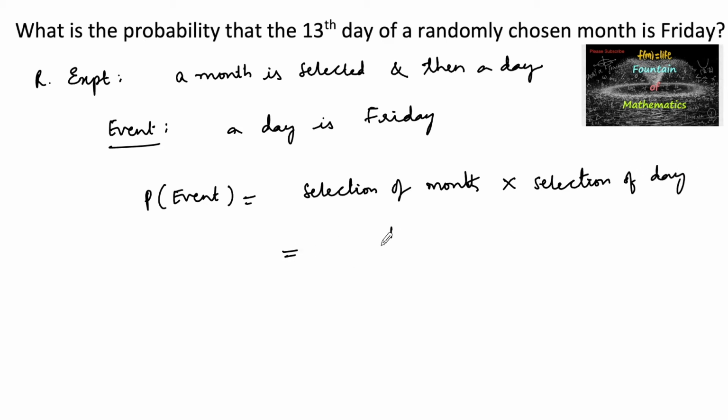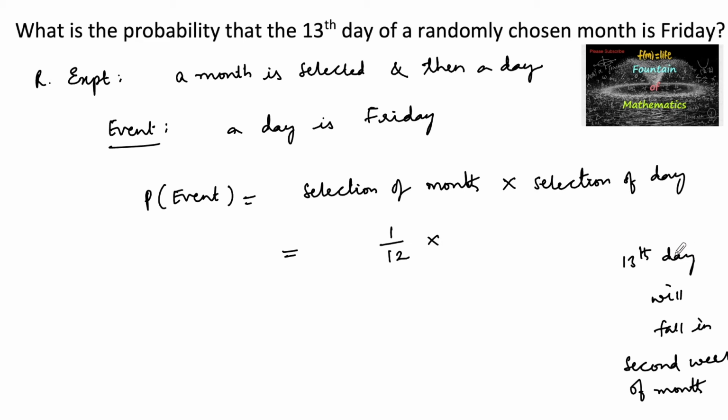Selection of a month is 1 out of 12. Out of 12 months, 1 month will be selected, and then the 13th day will fall in the second week of the month.